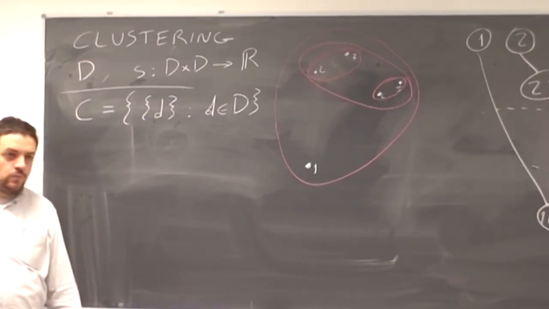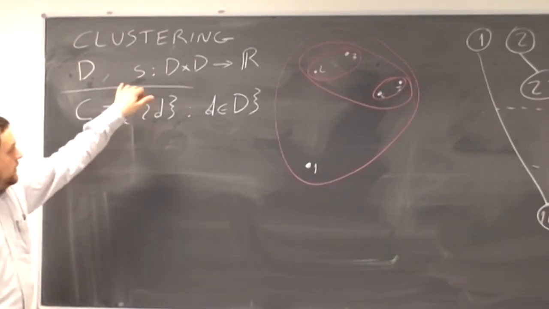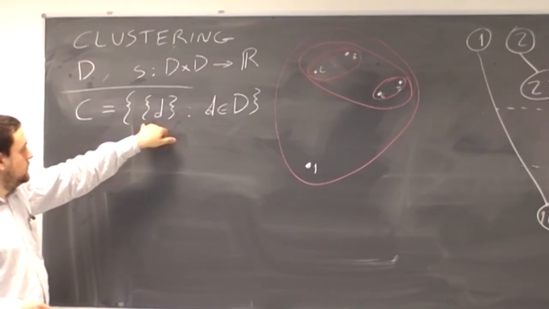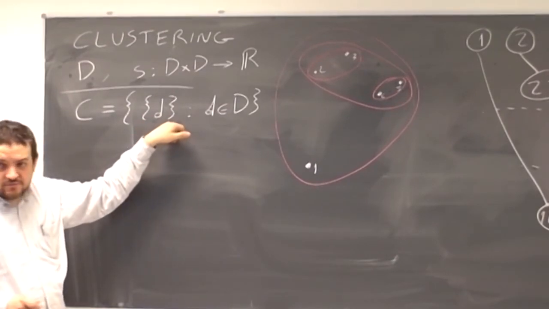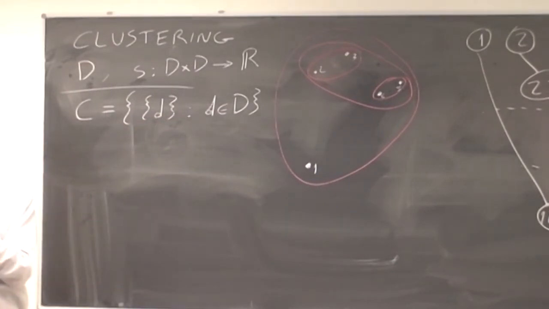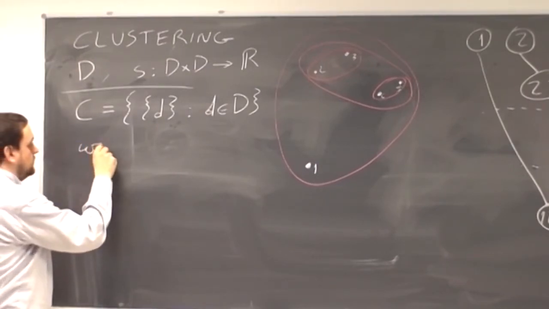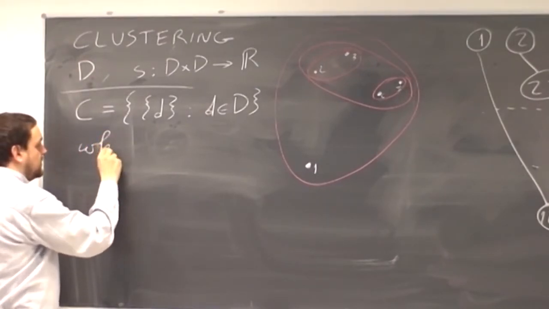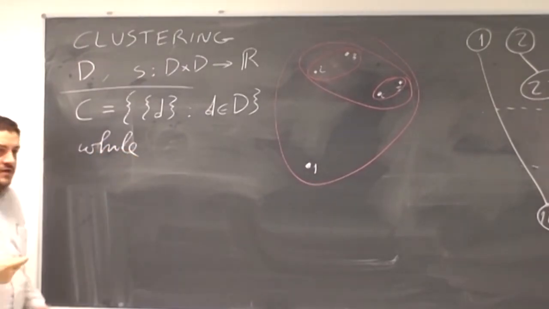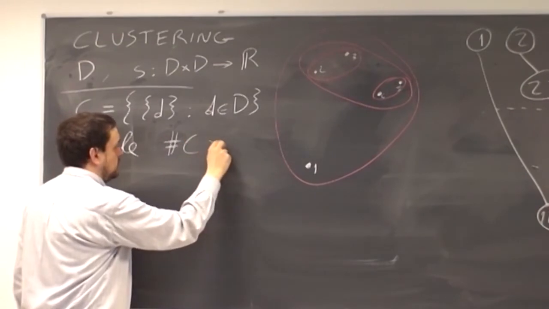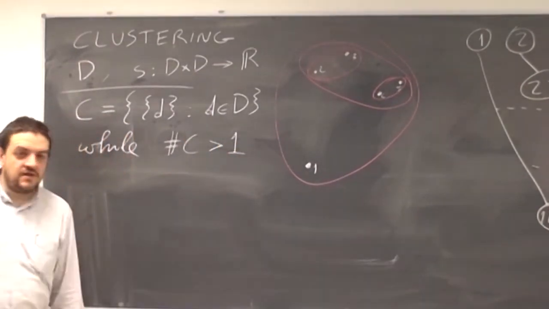Next, we want to repeatedly pick two clusters out of C and merge them together. So we need to repeat something as long as the cardinality of C is larger than 1.